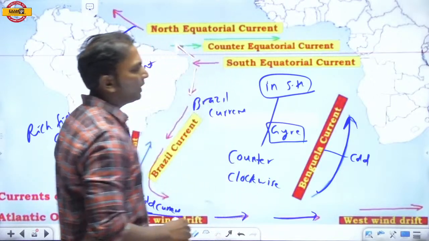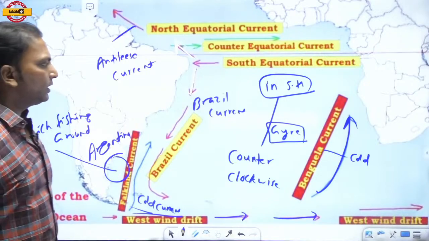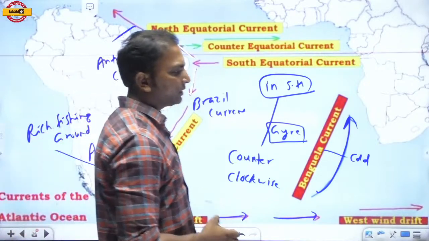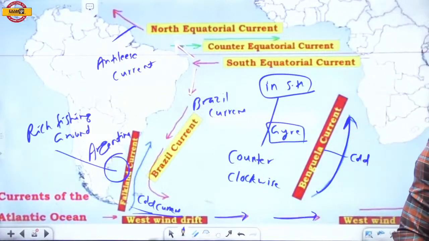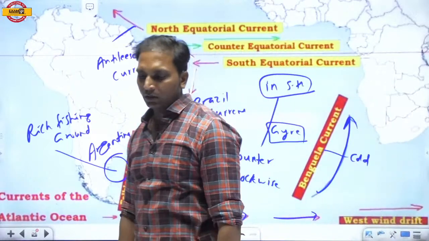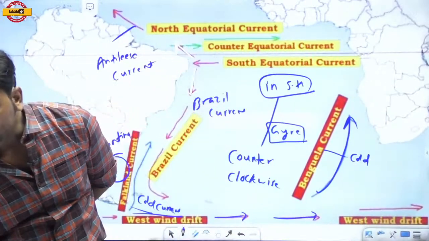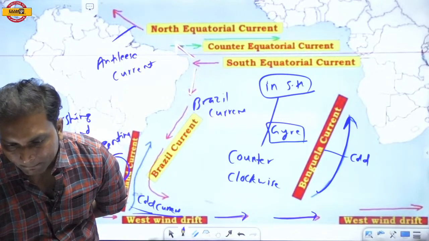Is it clear? So in the northern hemisphere, the gyre direction is clockwise, and in the southern hemisphere, the gyre direction is anti-clockwise or counterclockwise. Okay.